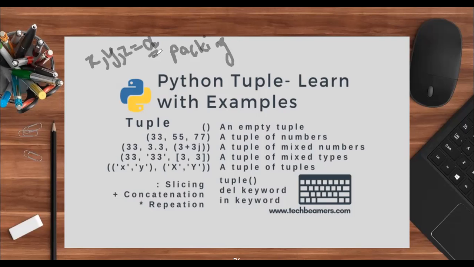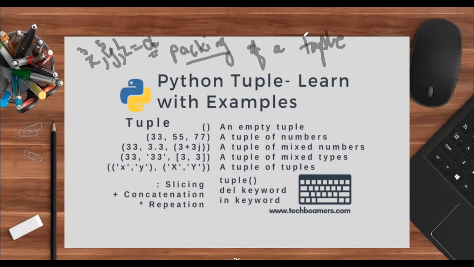In that case, A is not declared. There is no variable A as such. There are only values in X, Y, and Z. I have already initialized values before this, which says X equals 3, Y equals 5, Z equals 1. And then I said A equals X comma Y comma Z, and this becomes packing of a tuple.